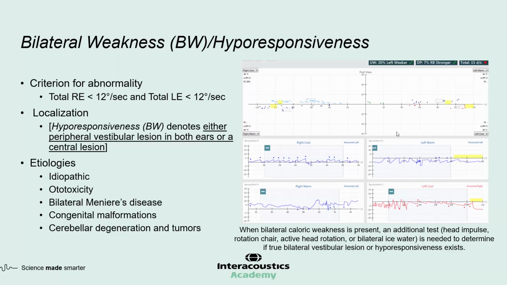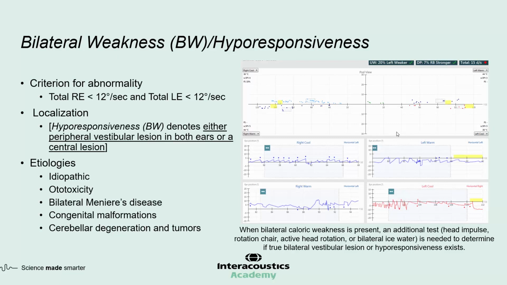The gold standard would be rotation chair, at least in the past. These days, head impulse testing is much less costly and occupies a much smaller area, so you might try the head impulse test or active head rotation.